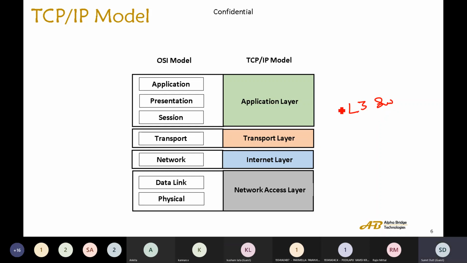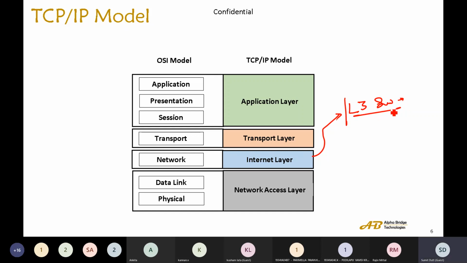We discussed it in our last session. Network layer, or data link layer? It is a network layer device because it's an L3 switch, and an L3 switch can read the logical IP addresses.